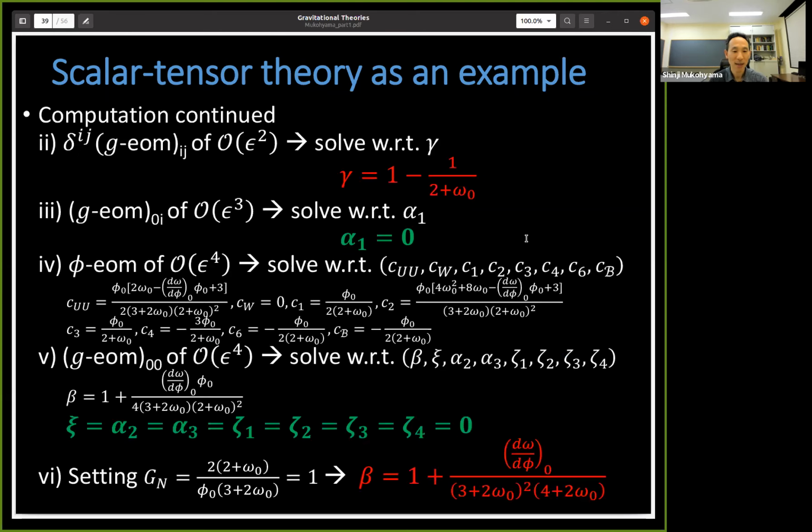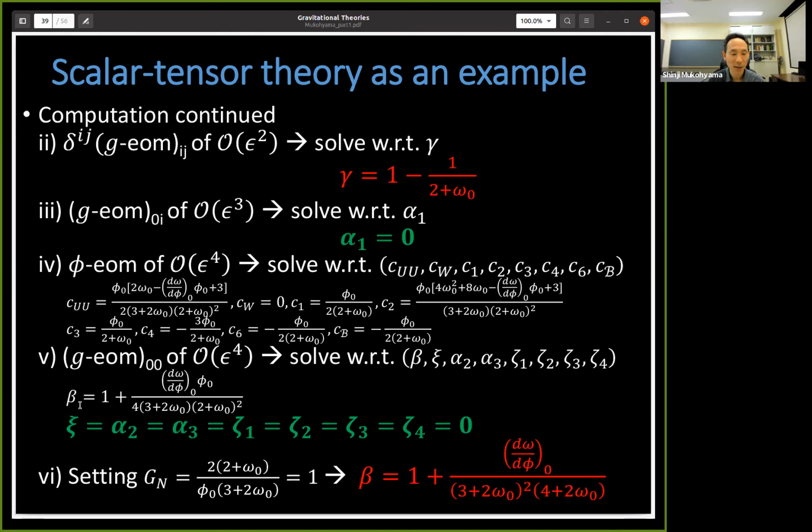We also need them to go on to the next step, but they are unobservable. Then the final step: the fourth order of the zero component, where we again have 1, 2, 3, 4, 5, 6, 7, 8 independent terms, so we have 8 equations. They are solved in this way.